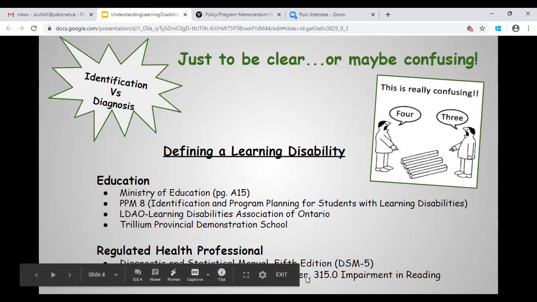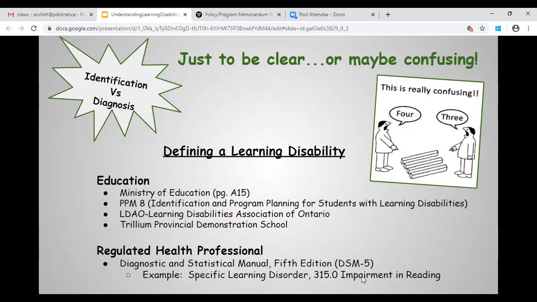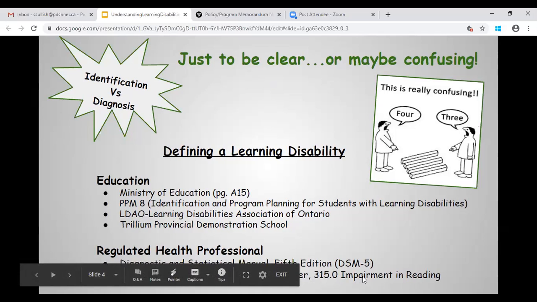And sometimes in psych ed reports, you might see a coding or a number, such as 315.0, which means an impairment in reading. Then there's one for an impairment in writing and an impairment in math. So you may see it called a learning disorder. And there are fundamental differences between the criteria for identification, which is done in education, and the diagnosis, which is done clinically, of a learning disability.